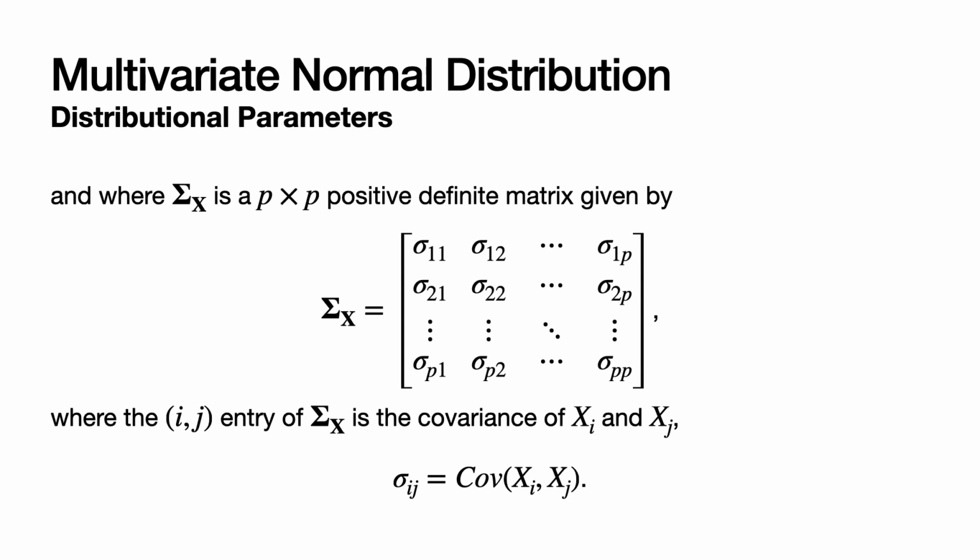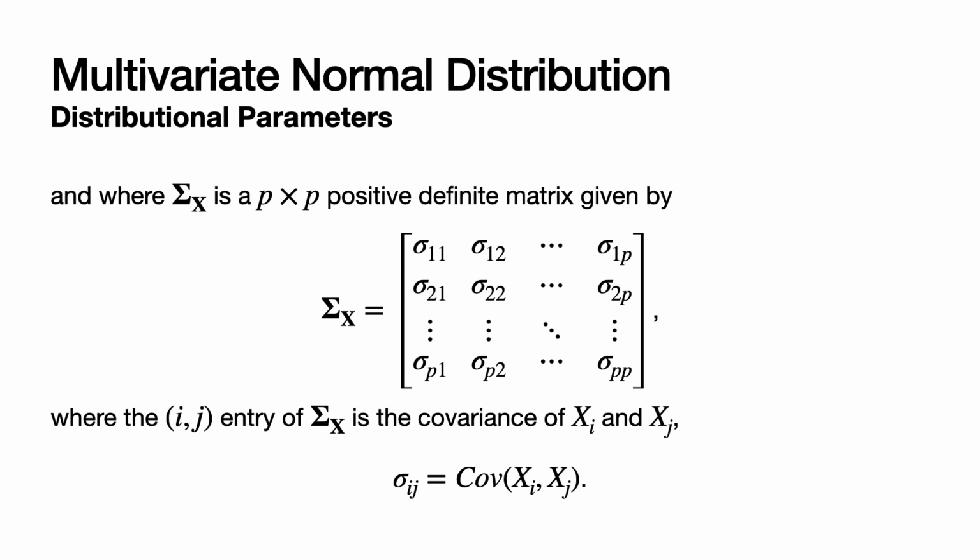Well, sigma 1,1 is the covariance of x1 with itself, and you'll recall that that is the variance of x1. Similarly, sigma 2,2 is the covariance of x2 with itself, and so that is the variance of x2, and so forth down to the last entry, sigma pp.